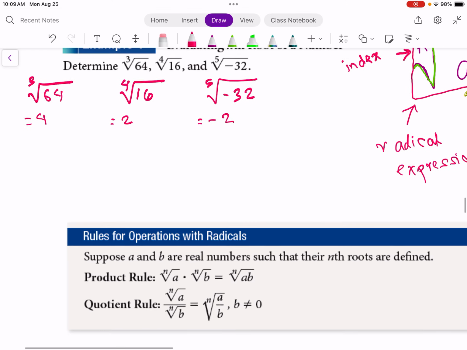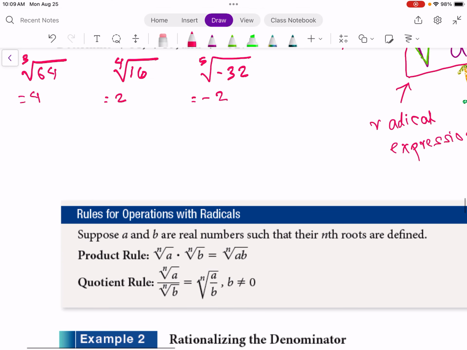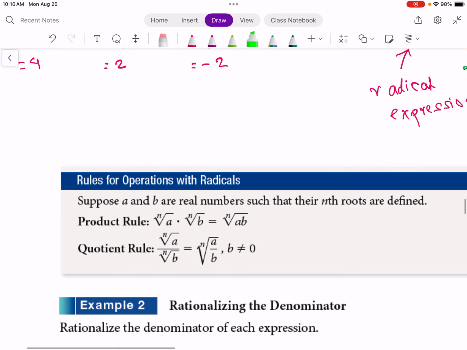Next, here we have a rule for simplifying radical expressions.